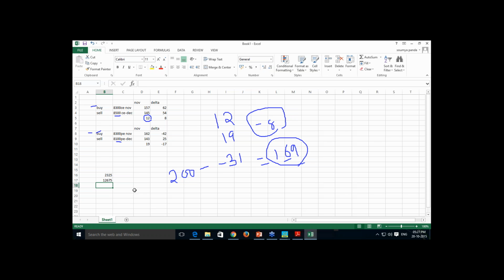So the risk reward works out to, reward divided by risk, about 1:5. So the risk reward is good.